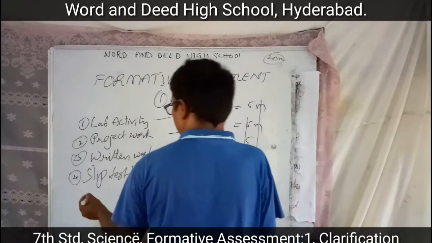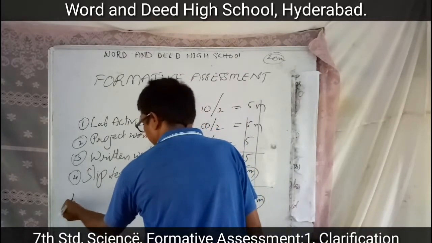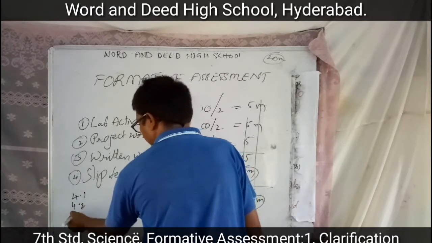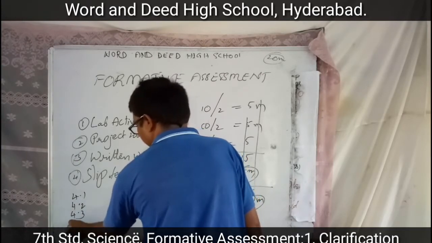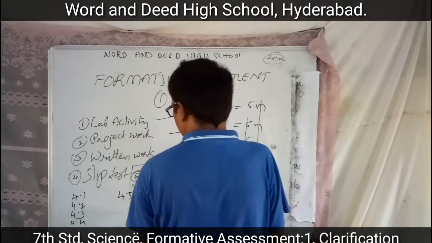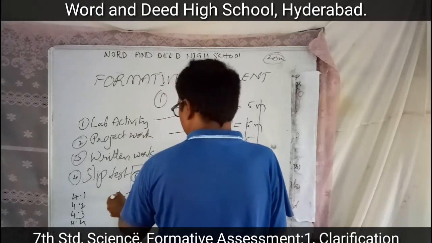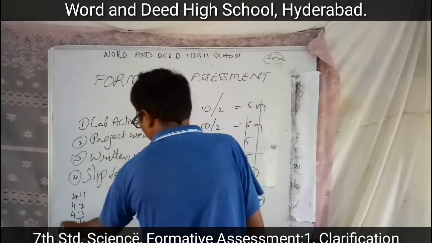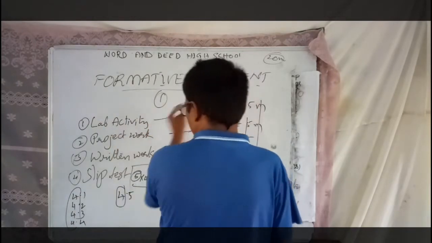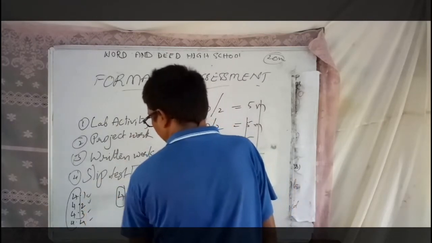Students, in the question paper you can see that 4.1, 4.2, 4.3, 4.4 and 4.5, and here 4th topic of formative assessment, question number 1, 2, 3, 4, 5.